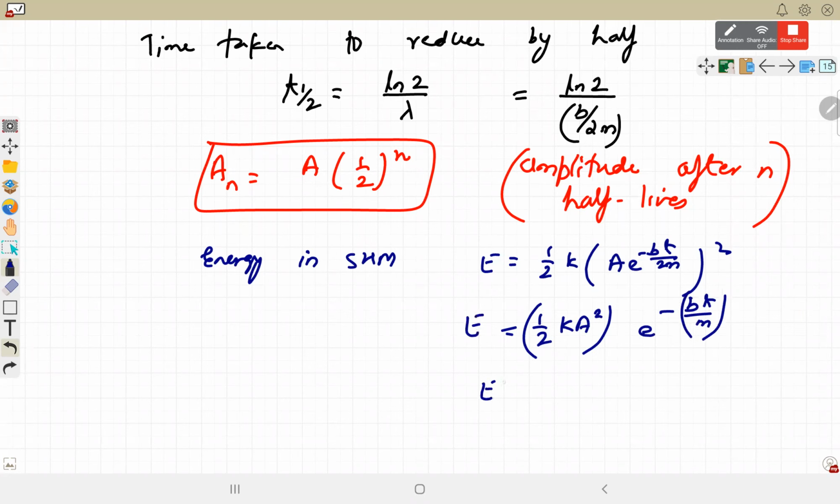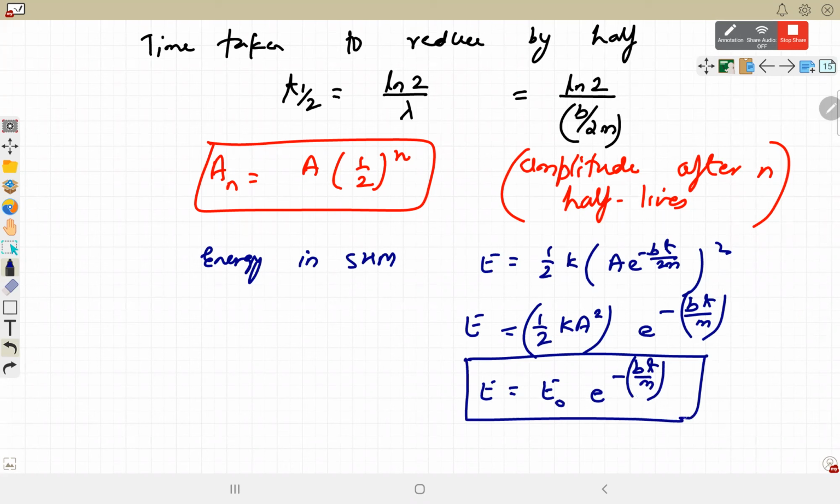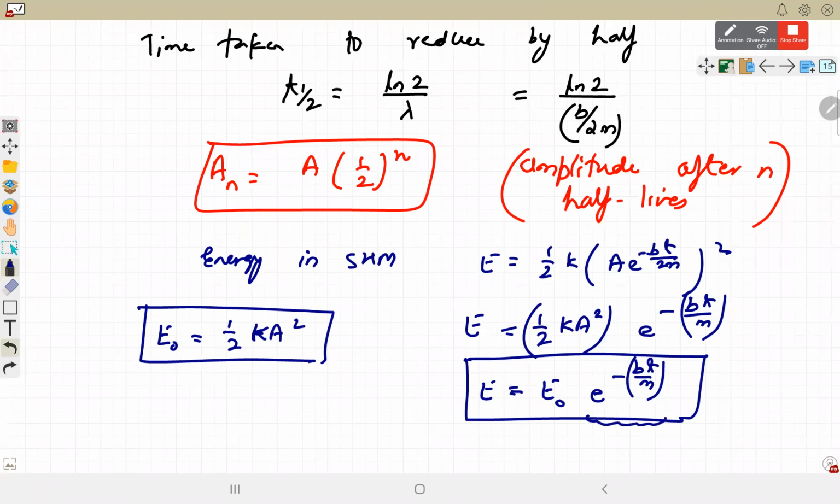Initial energy is E naught, so E is equal to E naught e to the power minus bt by m. E naught is the initial energy, half Ka square. Lambda is b by m. So here the damping factor is e raised to power minus b by m. So there's a difference of 2. In the amplitude it was b by 2m, in the energy it is b by m because we did the square, so that 2 got cancelled.